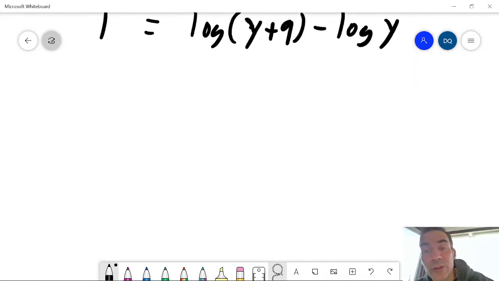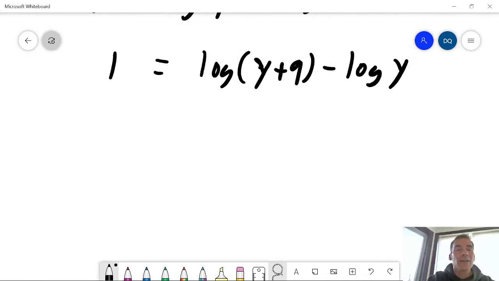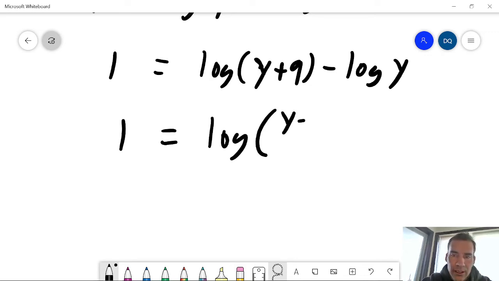As I'm subtracting the logs, I'm going to employ the rule, and look up the video on the sum and product rule for logs if you're not sure what to do here. The log of y plus 9 minus the log of y is the log of y plus 9 divided by y.